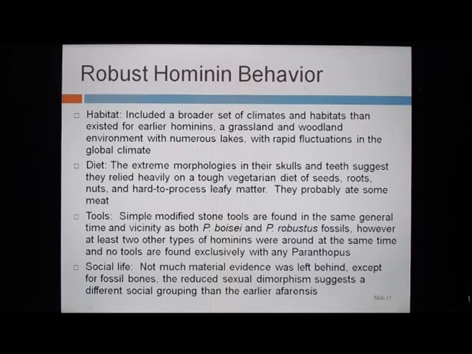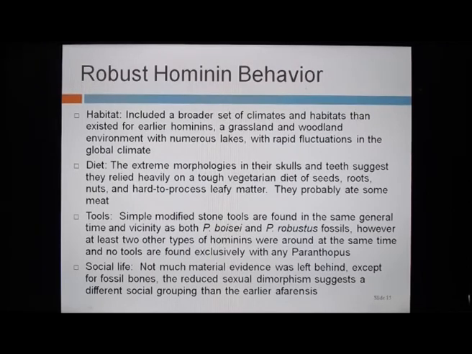Huge lakes would dry up and then be refilled because of the immense climate change. Diet. The extreme morphology of the skulls, like I've talked about, and the teeth suggest they relied heavily on tough vegetarian diets of seeds, roots, nuts, and hard-to-process leafy matter. But they also probably ate some meat.